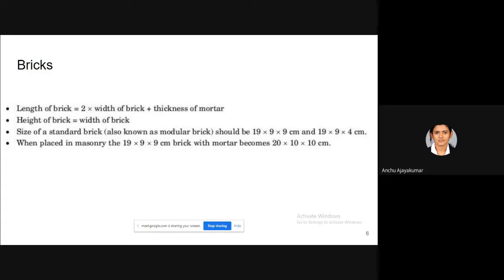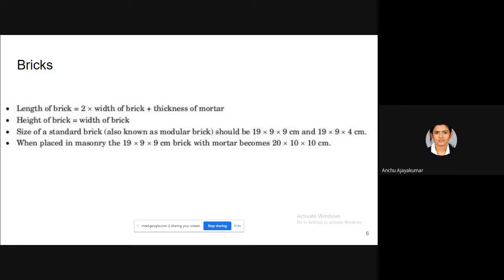You may be given a calculation, or you may be asked for the equation. We all know the standard size of the brick, so what is the length of the brick? It is double the width plus the thickness of the mortar.